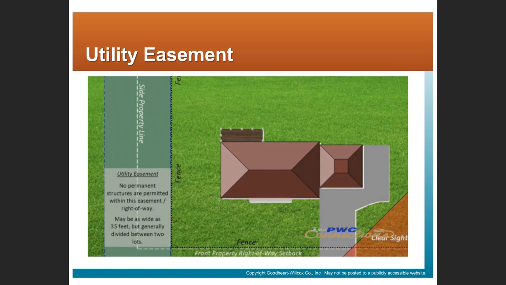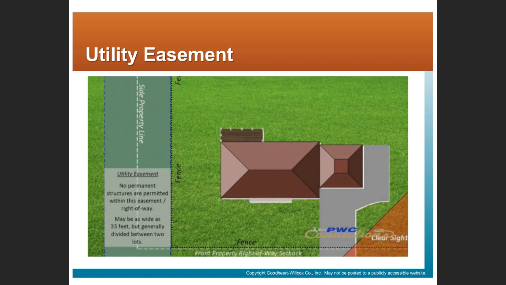Right, here's another common situation. It would be a utility easement. So utilities might be electric, gas, water, stormwater, right?